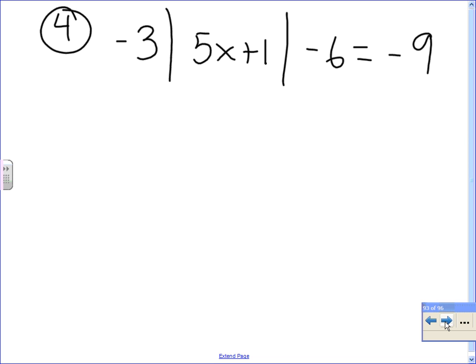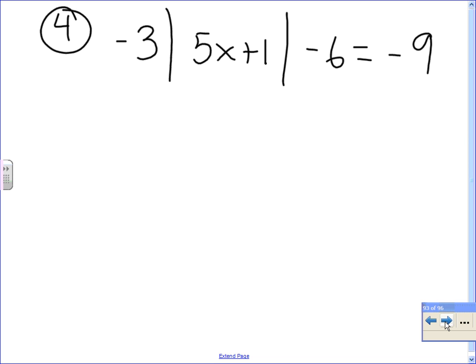Robert, how many? Good. How do you know that? Take the highest exponent on the absolute value problems, multiply it by 2. That tells you how many solutions there will be.